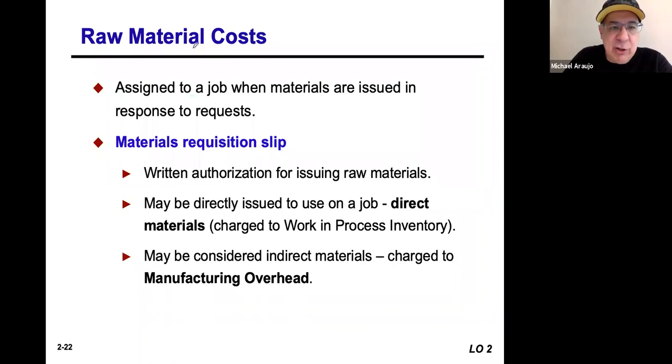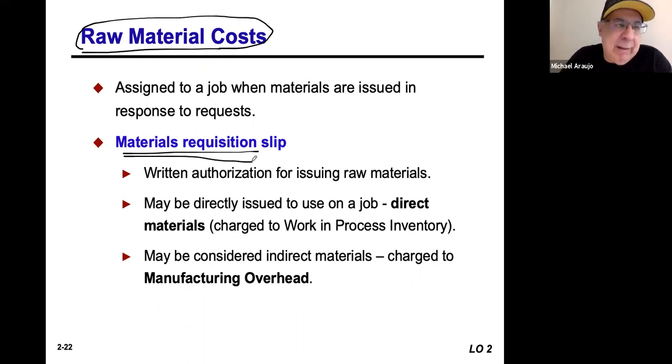The first thing to do in manufacturing is we use raw materials. And so the very, very first thing we do is we need to assign a certain amount of raw materials to a job. How is that done? Well, if we need to make 2,000 bags of potato chips, then we're going to need X number of potatoes.